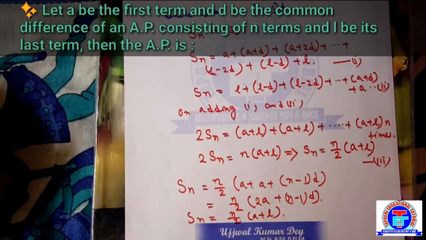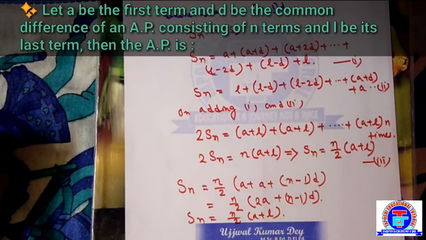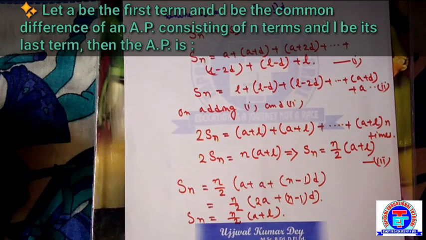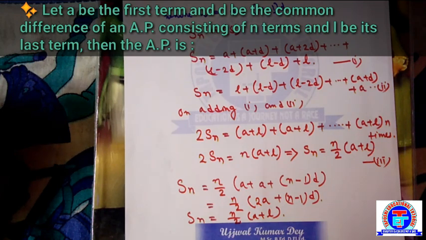Sn minus S(n minus 1) is the sum of the first n terms minus the sum of the first n minus 1 terms, which is the nth term, an. Thus an is equal to Sn minus S(n minus 1).